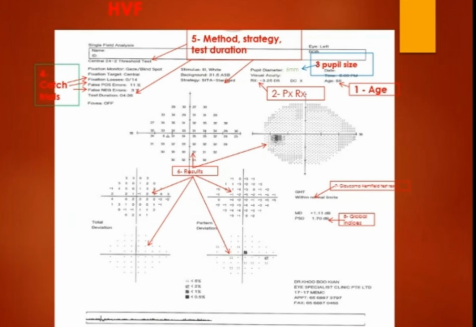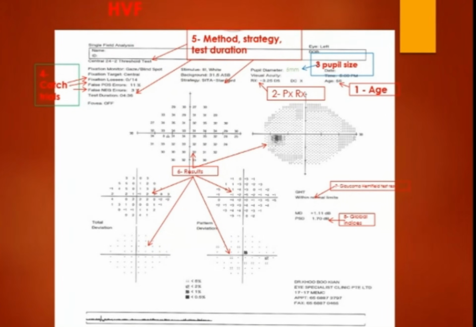The mean deviation has a range that tells you the type of depression the patient has. A mean deviation from +2 to -2 decibel tells you that this person has a normal field. -3 to -5 decibel tells you the patient has mild damage. -6 to -8 decibel tells you moderate depression, and -9 and below tells you severe depression.